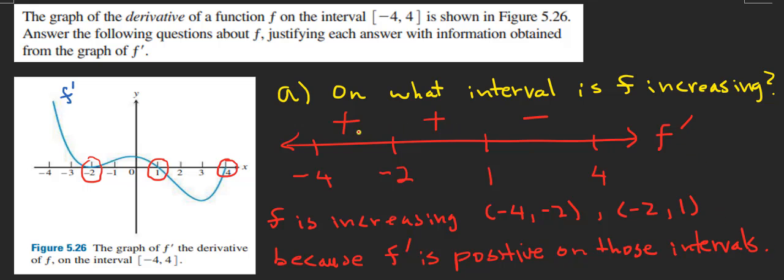Remember, when f prime is positive, that implies that f is increasing. When f prime is negative, that means that f is decreasing.